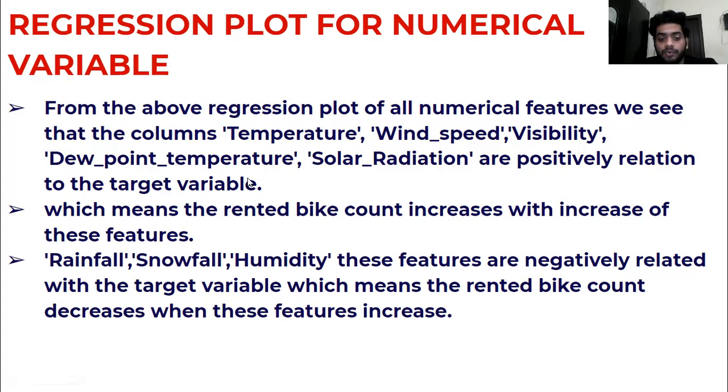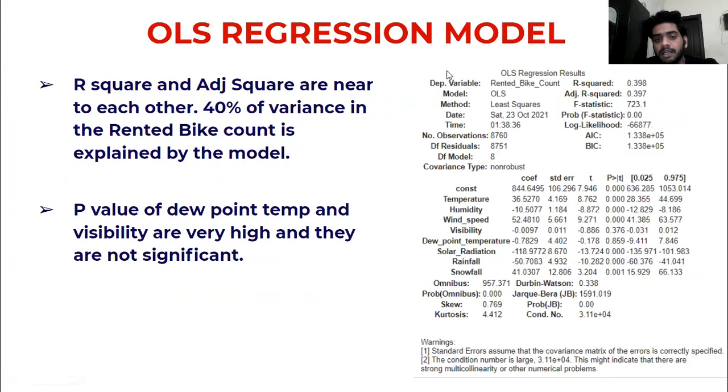Rainfall, snowfall and humidity are negatively related to the target variable, which means the rented bike count decreases when these features increase.